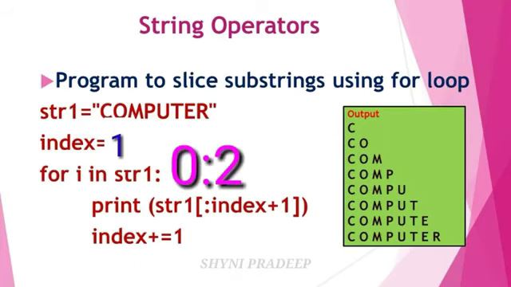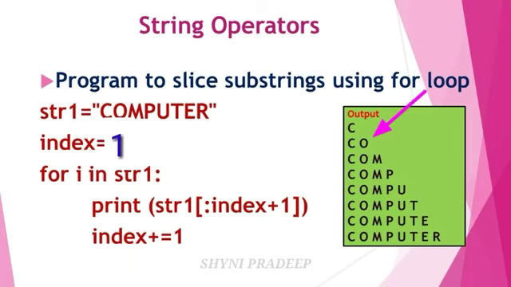So you have to specify 0 to 2 values, but don't take 2, you have to take 0 to 1. Okay, so which character is present in index position 0? C. And which character is present in index position 1? O. So CO will be printed on the output screen.